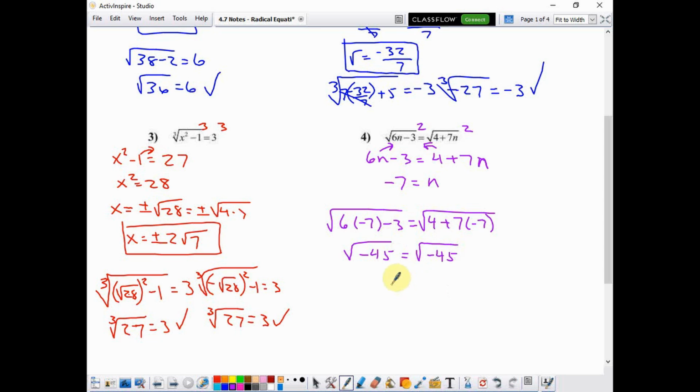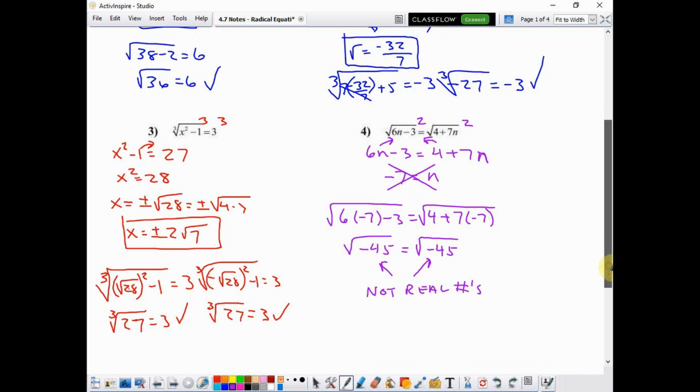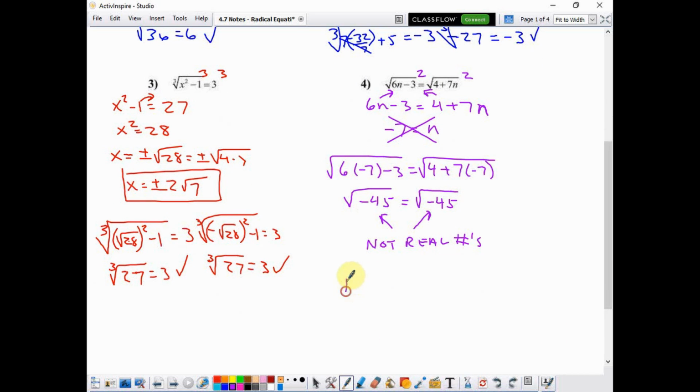These do match, but when I plugged in my solution, I got two numbers that are not real numbers. My only solution gave me two numbers that are not real numbers, which means I've got to throw that solution out. And I will state that there is no real solution.